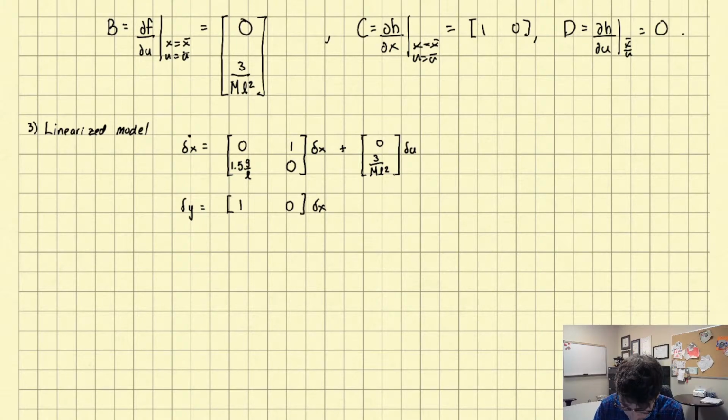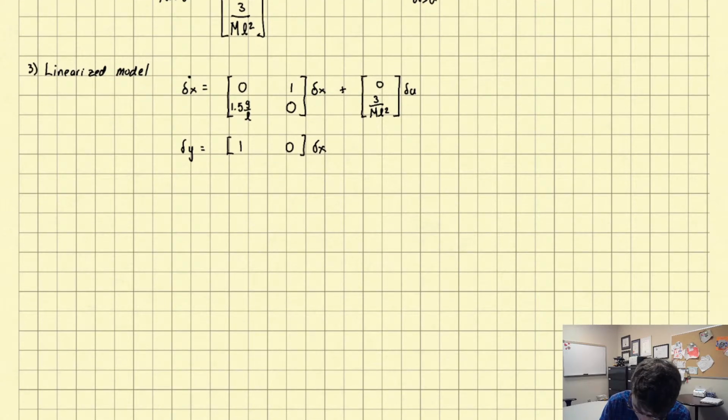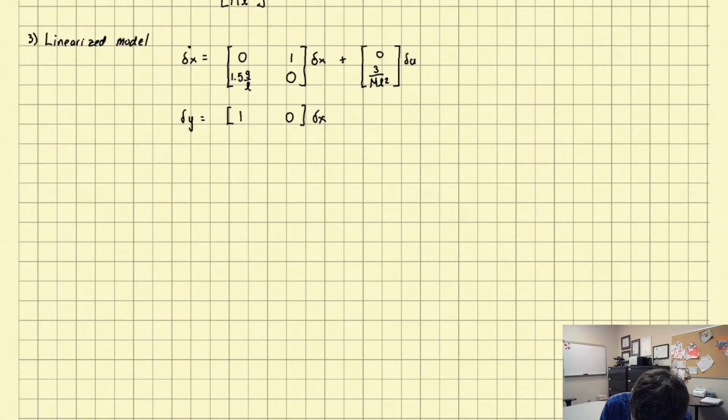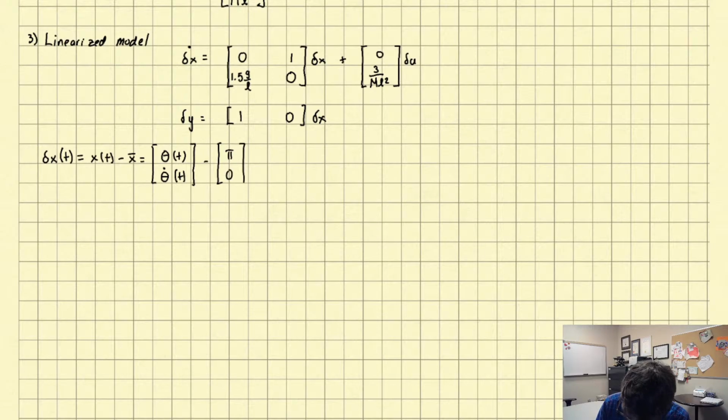So again, what are the quantities delta x and delta y? Well, delta x in this case is the state minus the equilibrium, which for the pendulum, the state is the position and the velocity, minus the equilibrium point associated with the upright position.